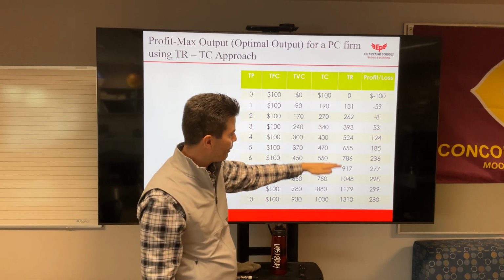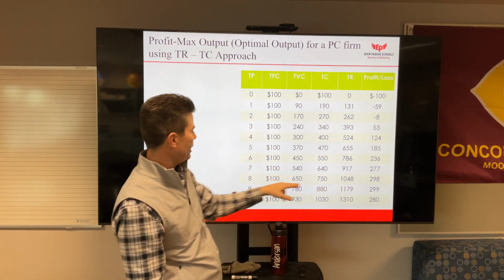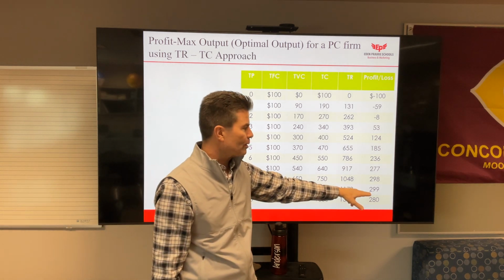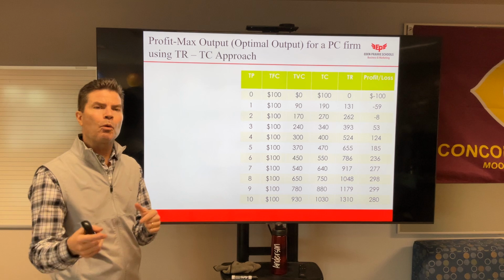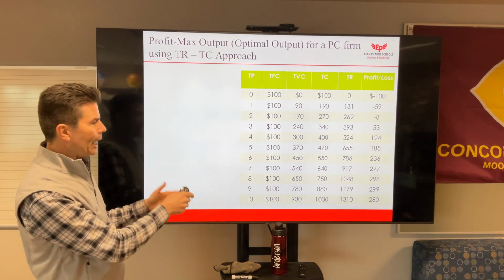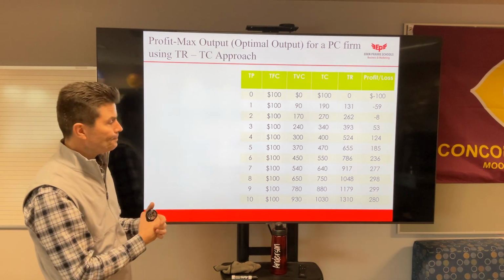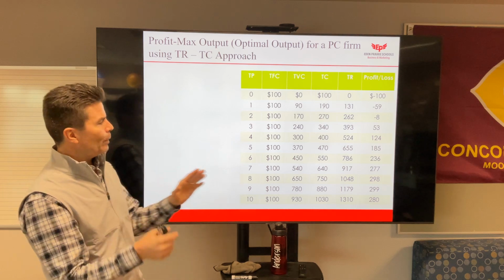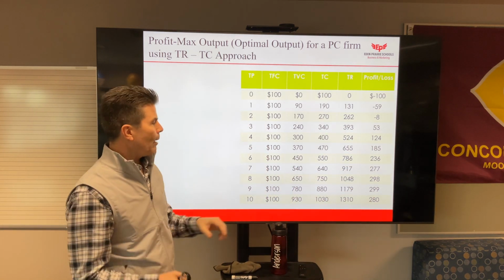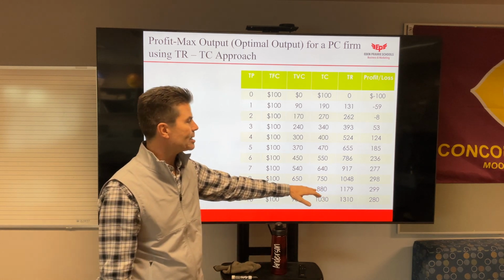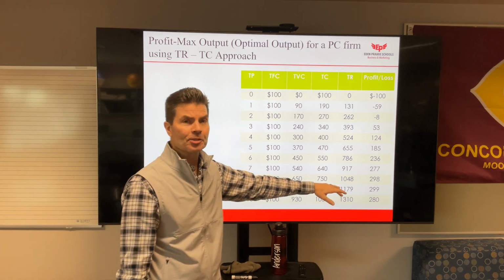If you go all the way through, you see that at a quantity of 9, the difference is $299. So in this example, the optimal quantity would be 9. And if we did not have this column, you could figure that out by finding the greatest difference between these two.